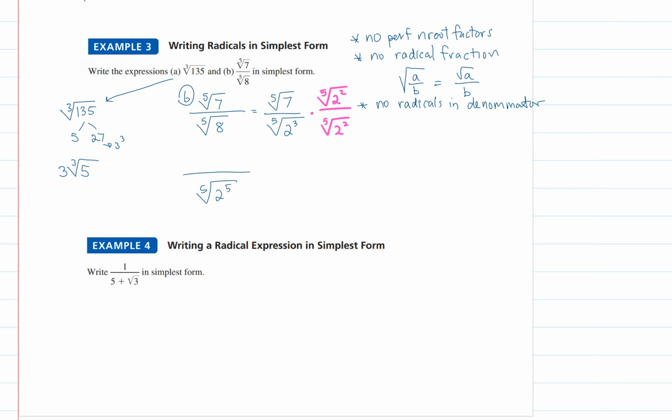And in the numerator, what we end up with is the 5th root of 7 times 4. So our numerator becomes the 5th root of 28, and our denominator just becomes 2, because the 5th root of 2 to the 5th is just going to be 2.